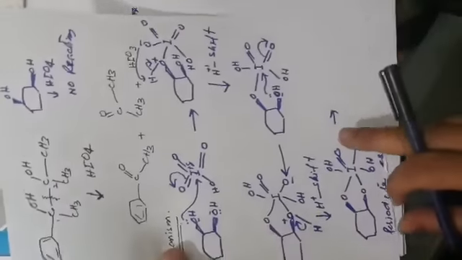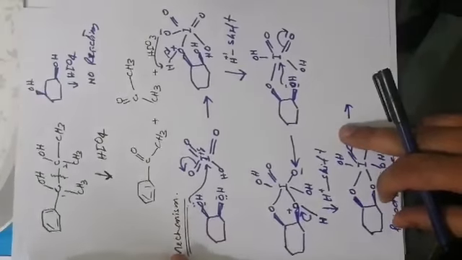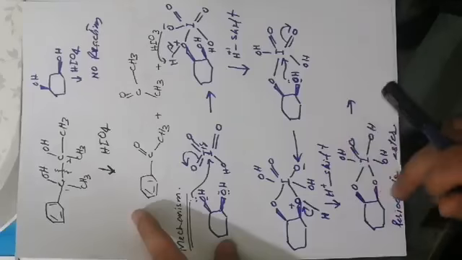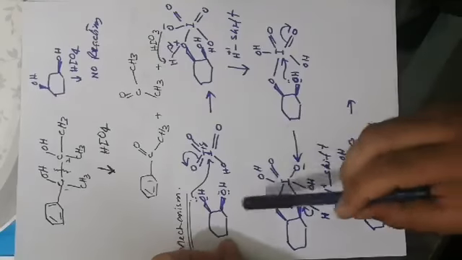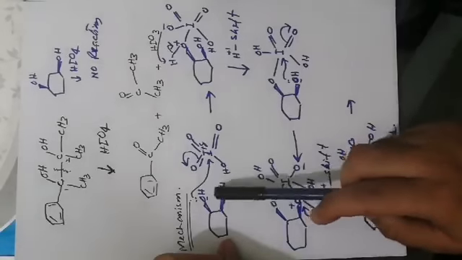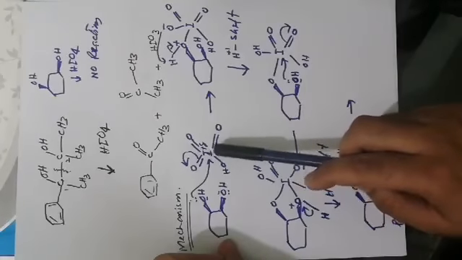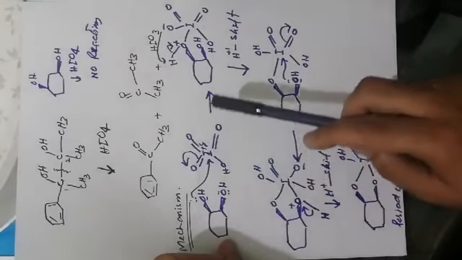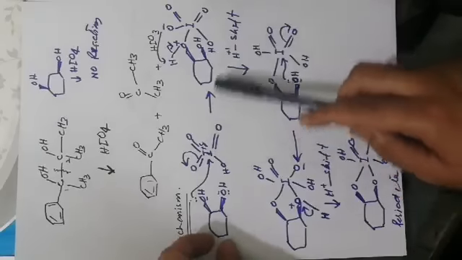I repeat, so you may have a better understanding of this mechanism. In the first step, the 1,2-diol reacts with periodic acid, as I have already explained.